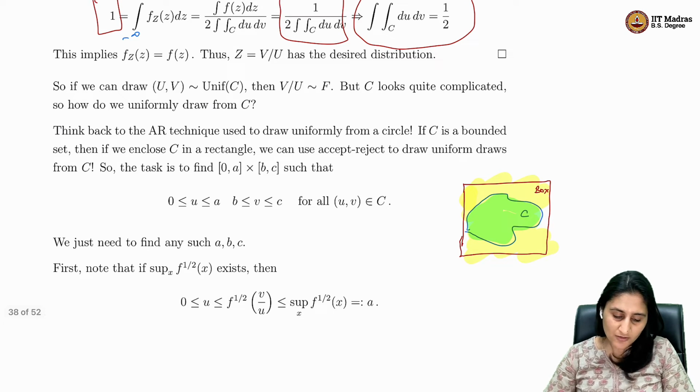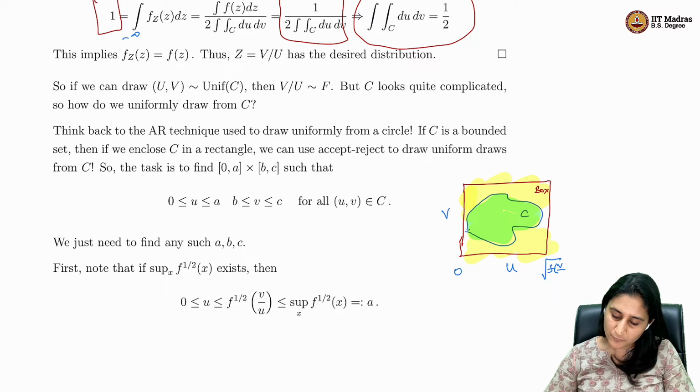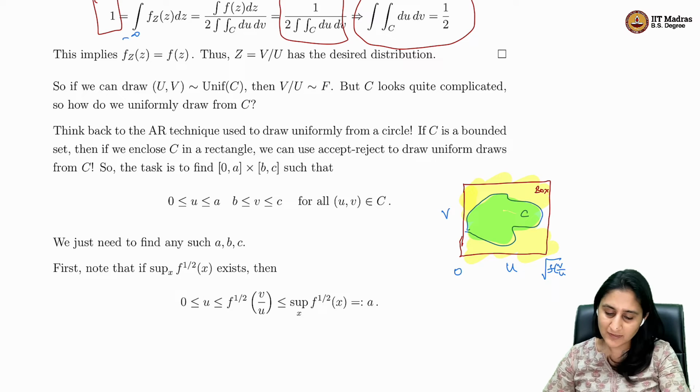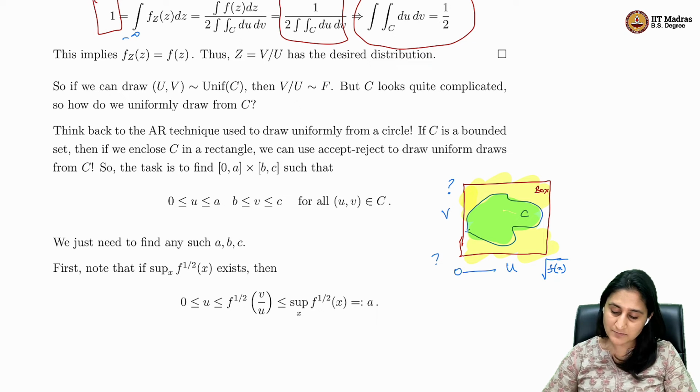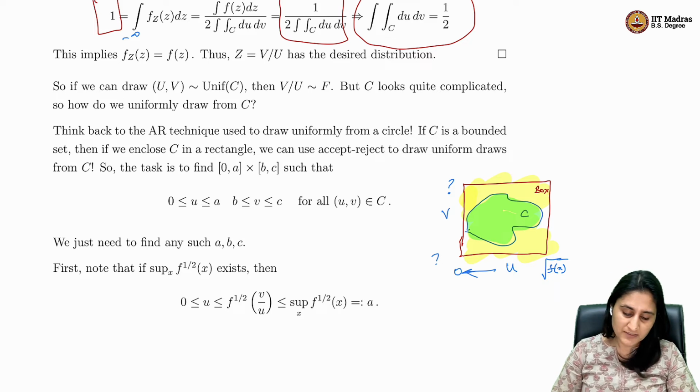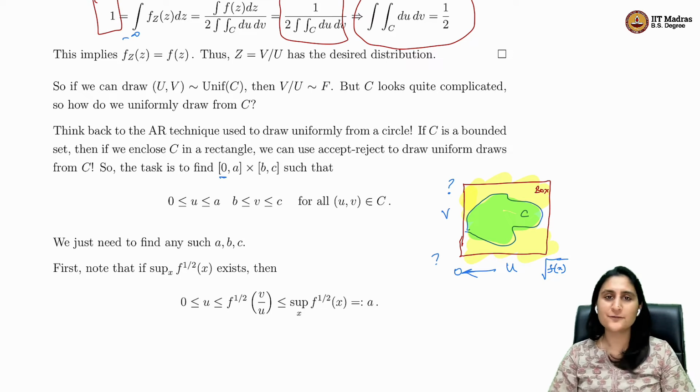Well, recall that our x-axis is the u-axis and the other axis is the v-axis. Now u is bounded between 0 and square root f of v by u. V by u can take any value, so basically it's square root f of x. And v I don't know, but I know this much, that u is always bounded below by 0, which means that 0 is the lower end for the box.